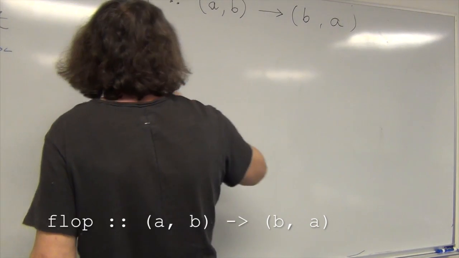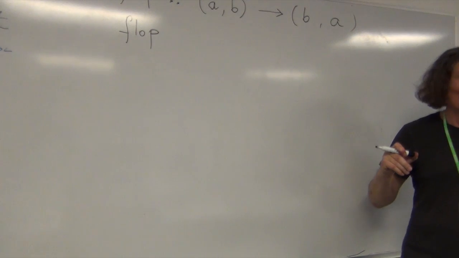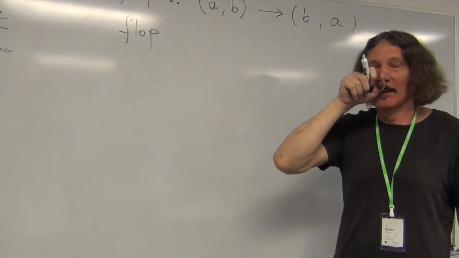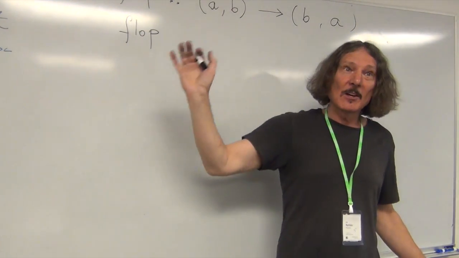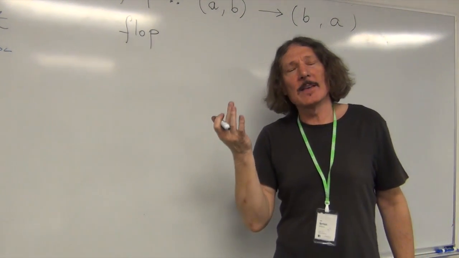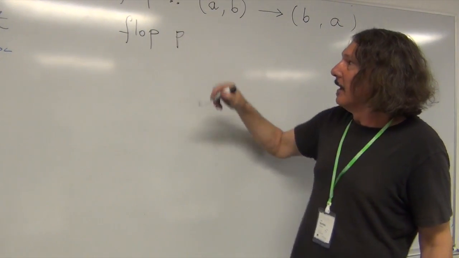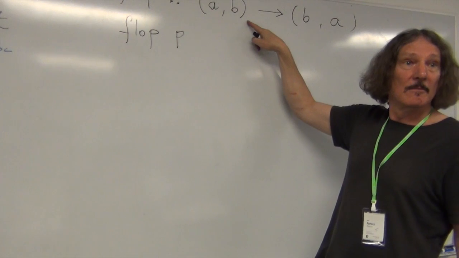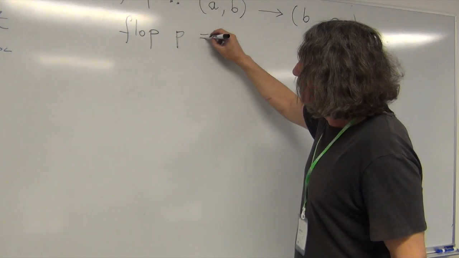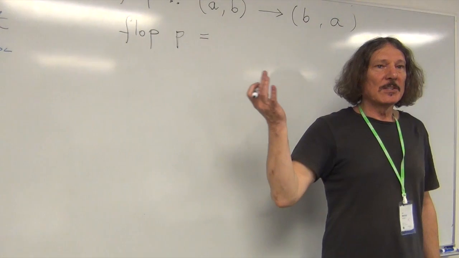I think we already have, kind of. But this is an equation on types, it specifies types. Now we're talking about values. We have two ways of doing this. We can say flop takes a pair P. Let's try this first: flop of P. Now what does it return?